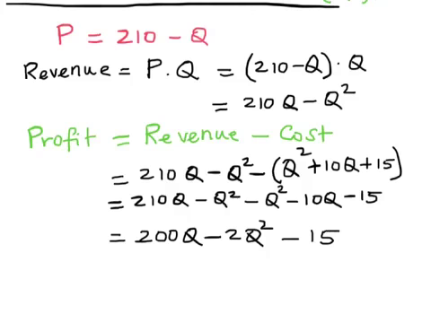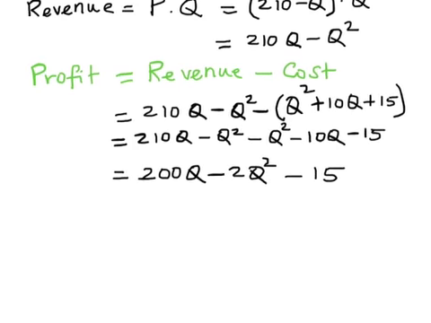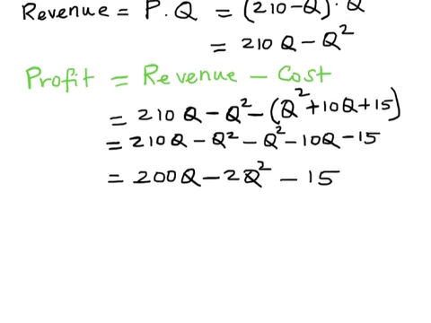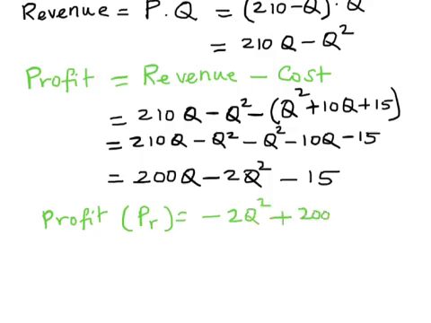minus 15. If we try to write it in the proper order, we will have profit, which we represented as PR, will be negative 2Q square plus 200Q minus 15.